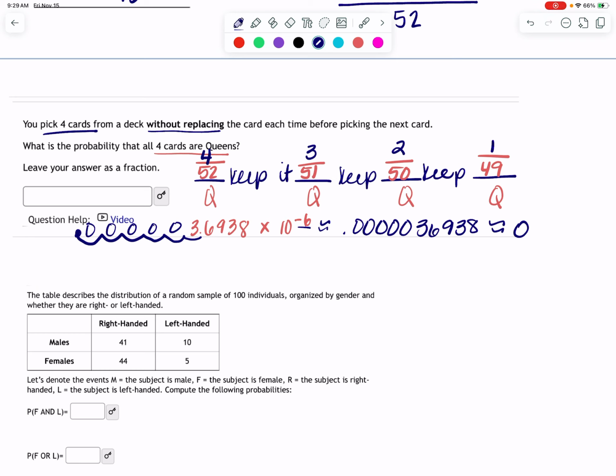Thankfully, we do have the fraction button in Desmos, and it converts our decimal to 1 over 270,725. You're probably more likely to get struck by lightning.